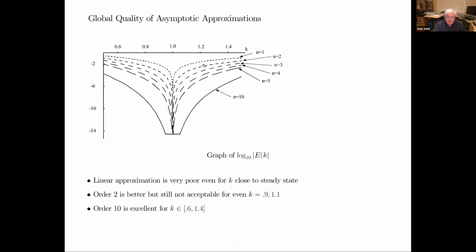However, as we have higher and higher order degrees of Taylor series expansions, at degree 10 we basically have perfection between about 0.9 and 1.1, and 6 digits of accuracy between, I don't know, about 0.7 and 1.3.